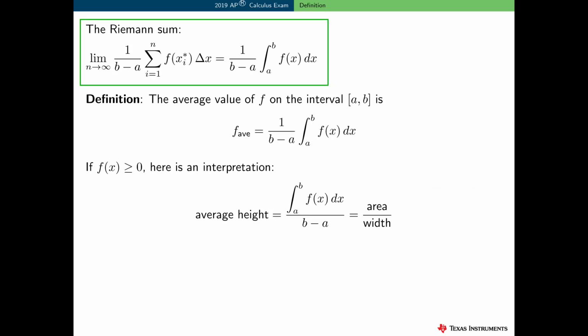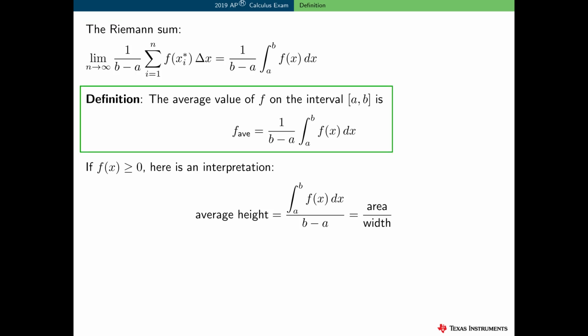So if we want a better approximation of the average value, it seems reasonable to take more numbers, or let n increase. And as n goes to infinity, the limit of this Riemann sum is a definite integral from a to b of f of x dx. So this gives us the definition of the average value of a function f over the interval a to b.